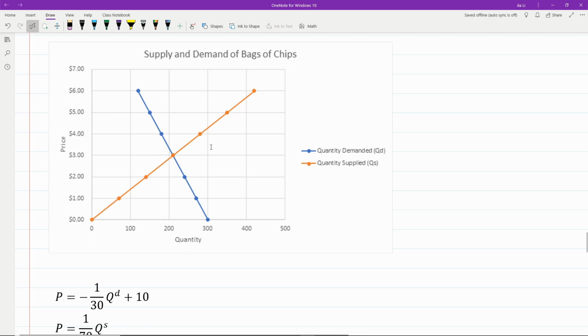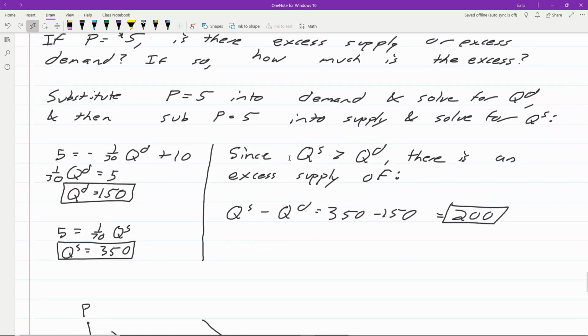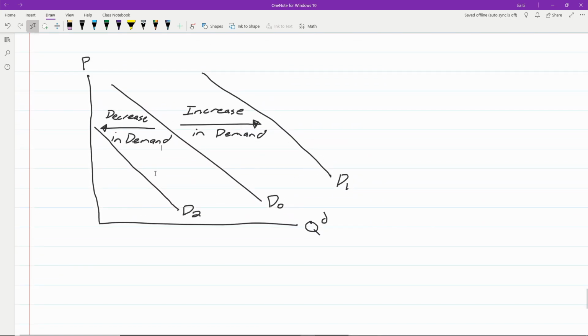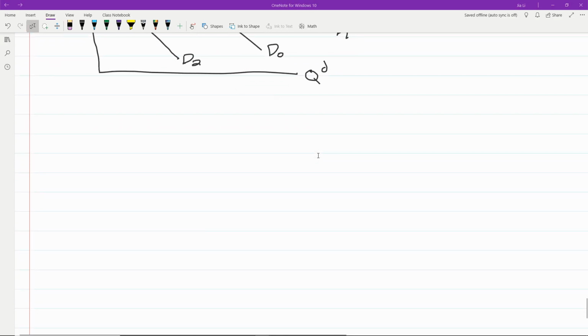So without further ado, let's talk about these 5 different things that can shift the demand curve either to the left or to the right, causing an increase or decrease in demand.